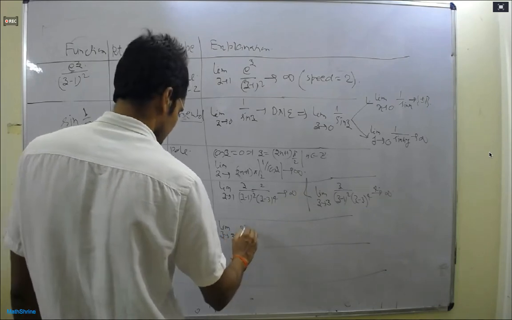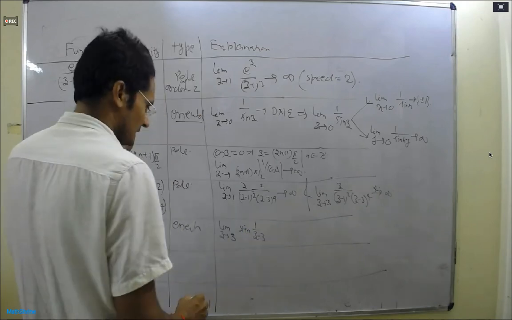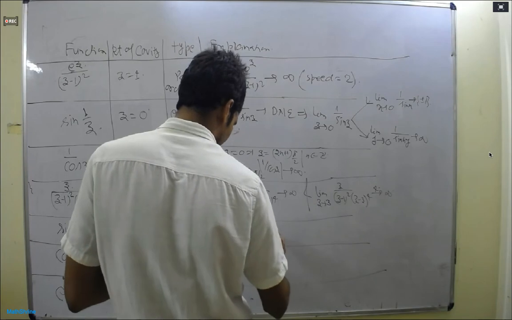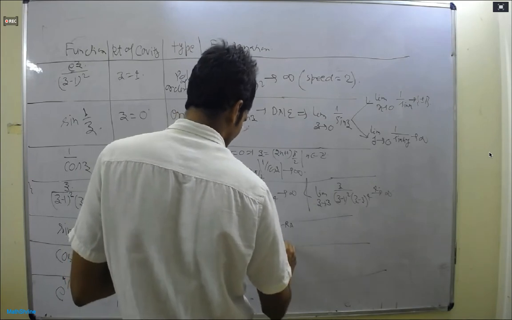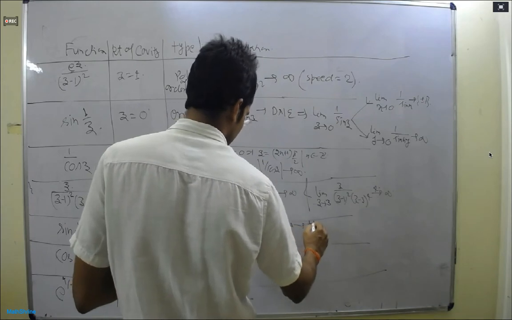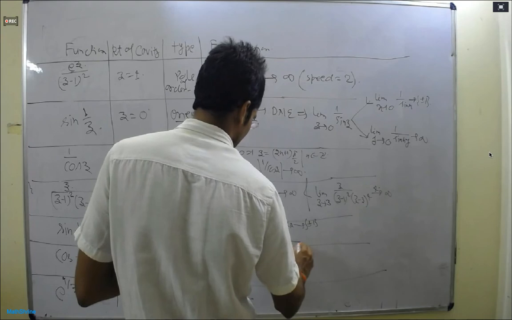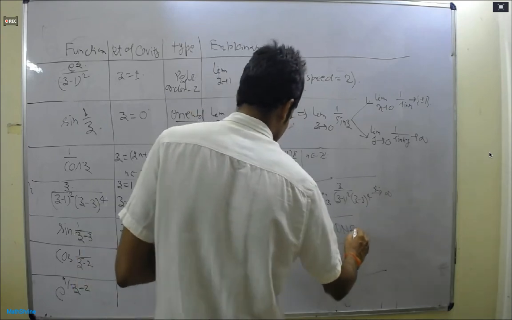Calculate along the real axis and along the imaginary axis. Along the real axis, it will oscillate between plus minus 1. Along the imaginary axis, it will go to the infinity. This implies that the limit does not exist, same as I discussed here. Same here also.